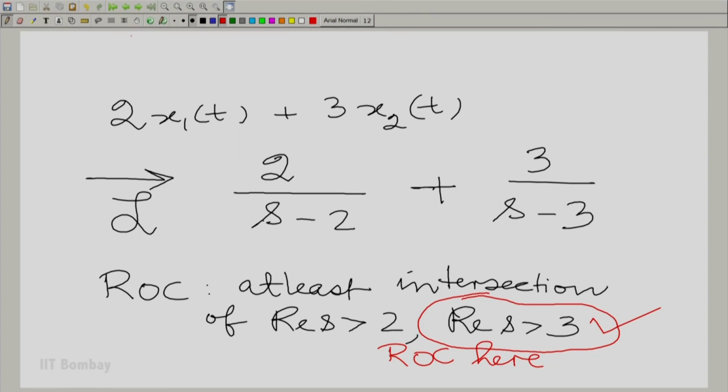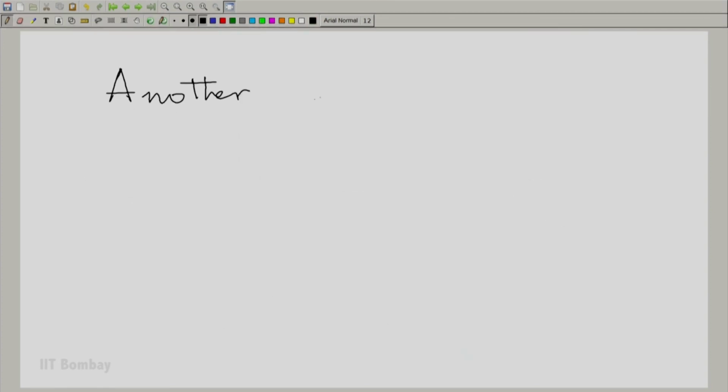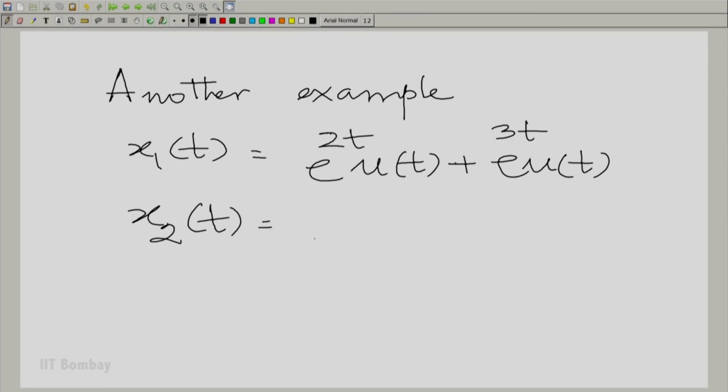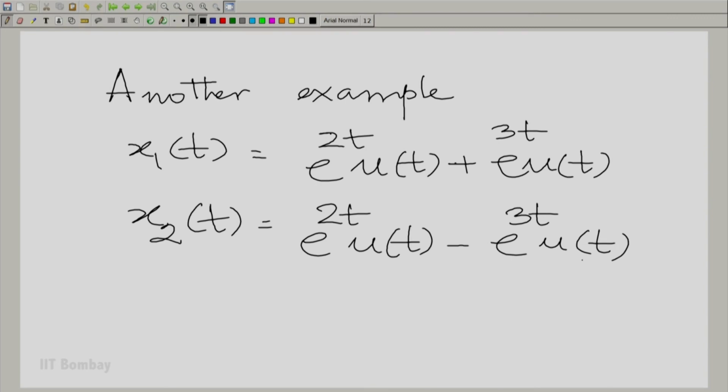In contrast, if you took the following example, you took x1 of t to be e raised to the power 2t u(t) plus e raised to the power 3t u(t), and you took x2 of t to be e raised to the power 2t u(t) minus e raised to the power 3t u(t), and now you added them.